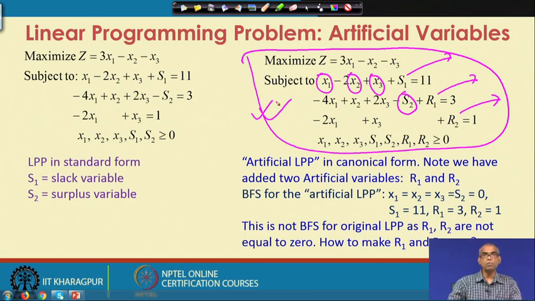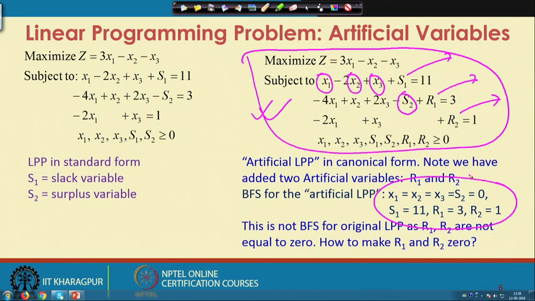but for the original problem R1 and R2 must be 0. So, this basic feasible solution is only for the artificial linear programming problem.